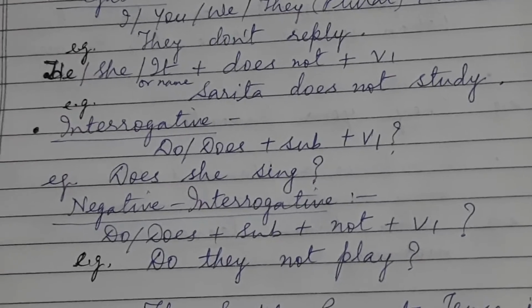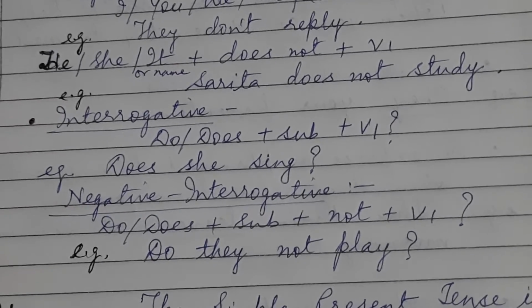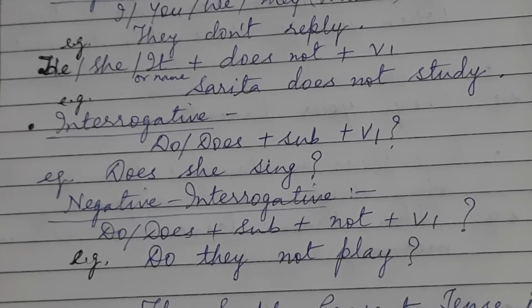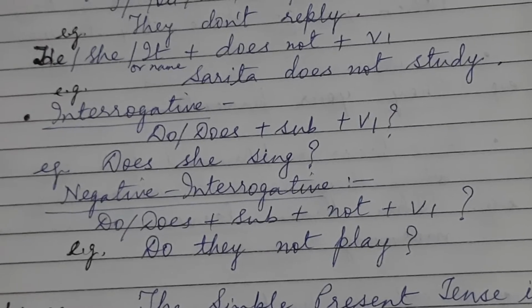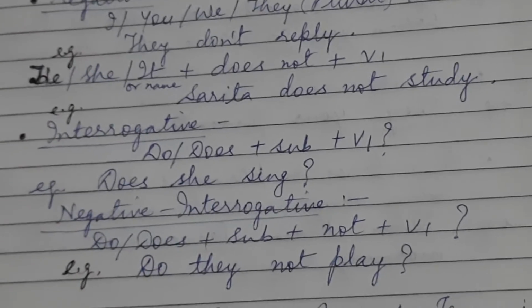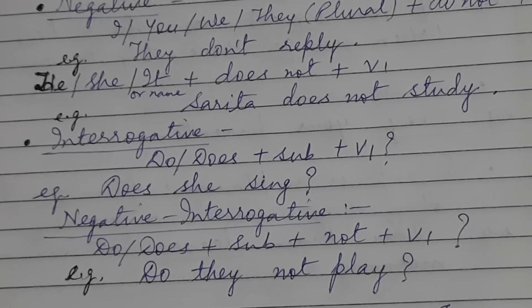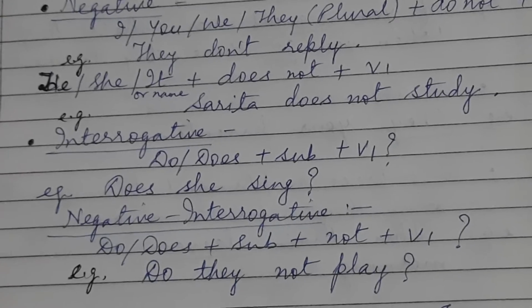So we use do or does. Do is used for plural number, like do they play a match or do they talk to you. So for plural number we use do, for singular number we use does. Then we use the subject and after that we use the first form of the verb.